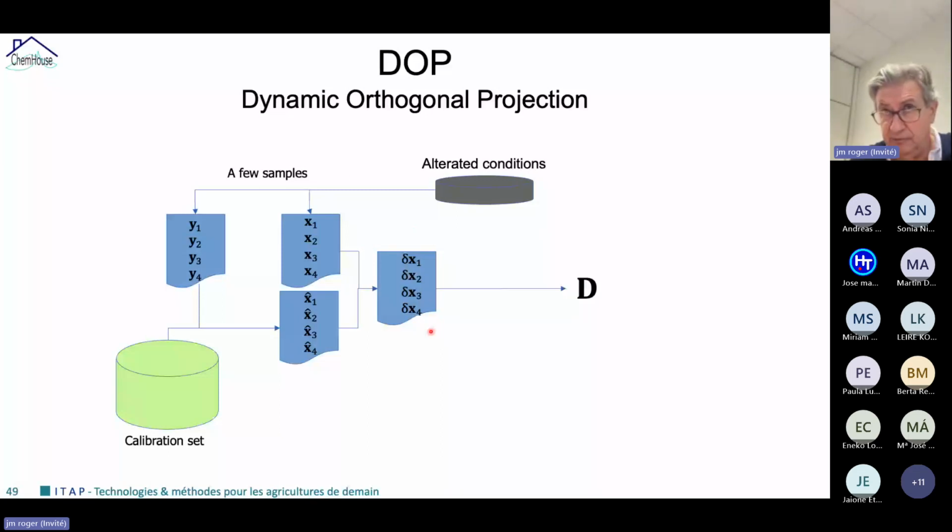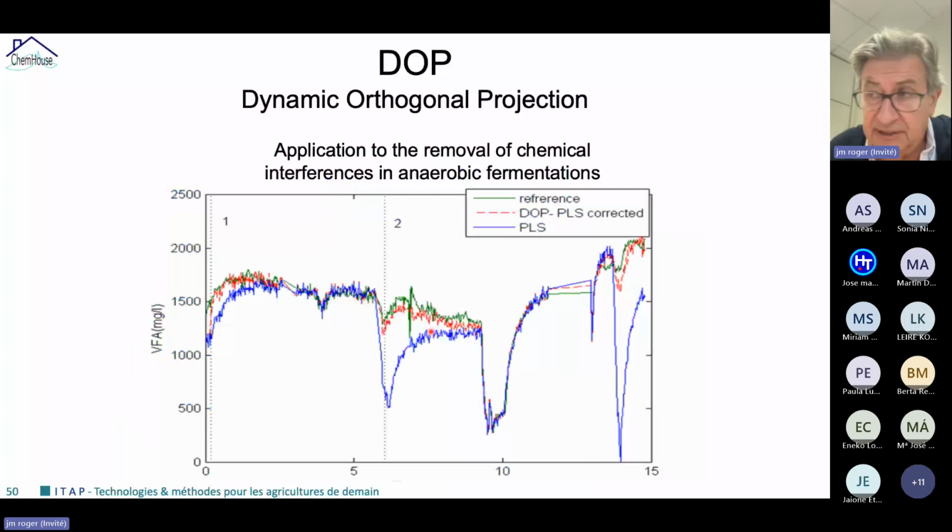And here's an example we have done, because this method has been developed initially for process monitoring. We assume that we have a calibration database, and when we put the spectrometer online for monitoring a process, we have some deviations due to the product, to the conditions, and we assume that from time to time we have some control points.